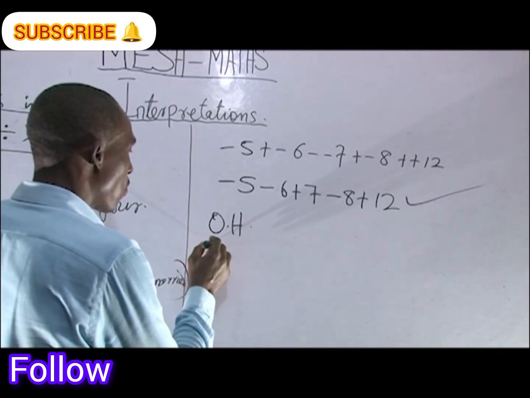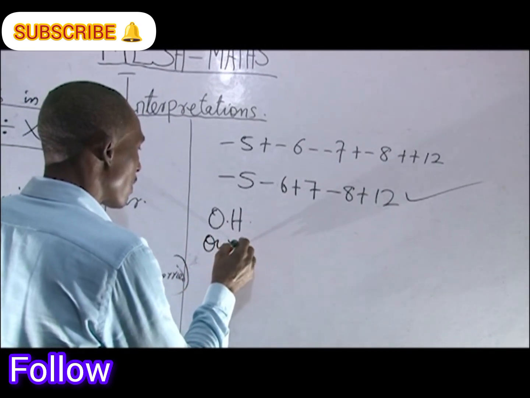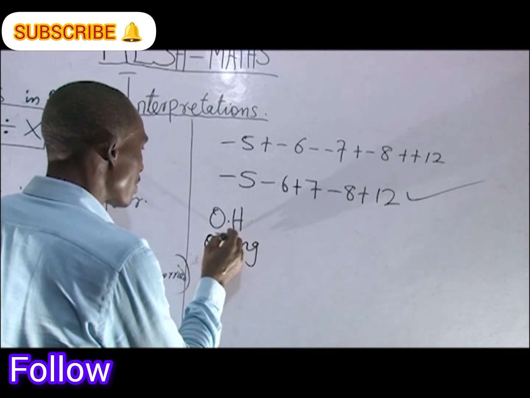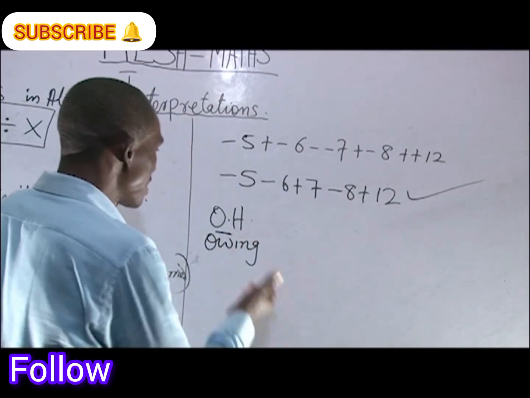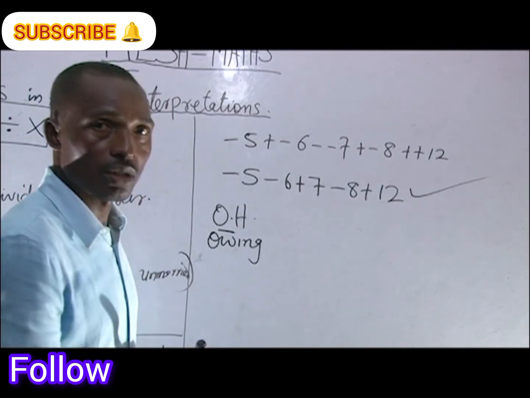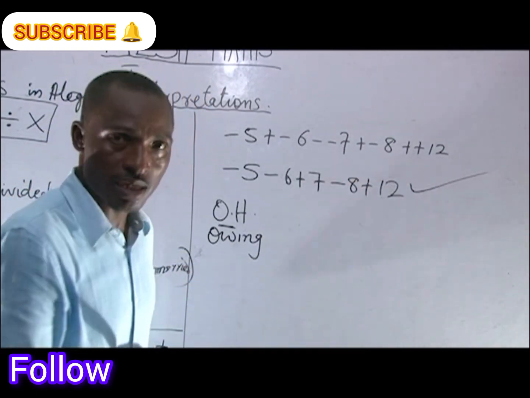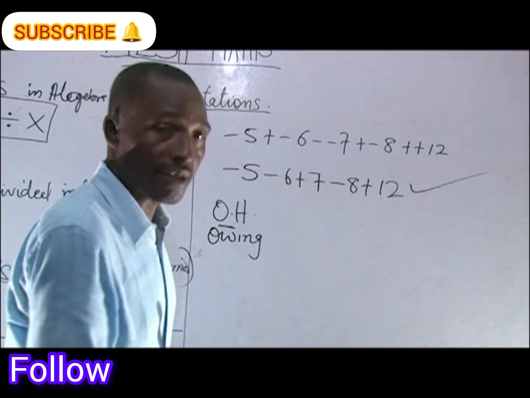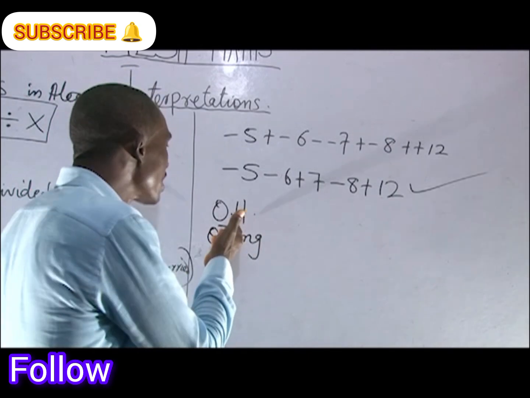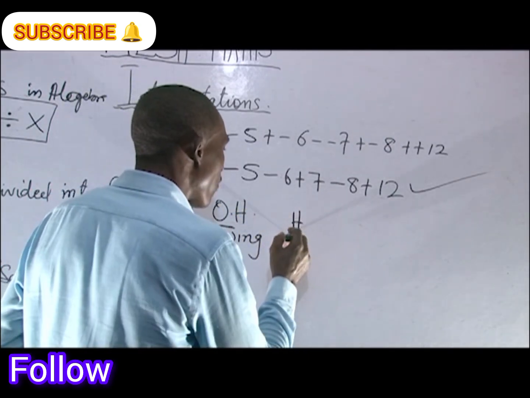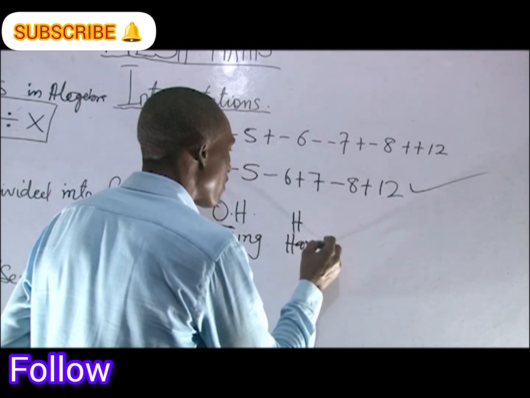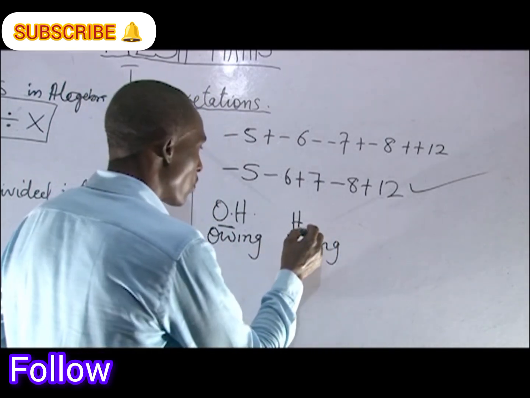O stands for owing, which is minus. The minus here now, we call it owing. This is to owe someone, to owe someone money or anything. But this is the language. O stands for owing, while H stands for what? Having. Are you following? Which is plus.